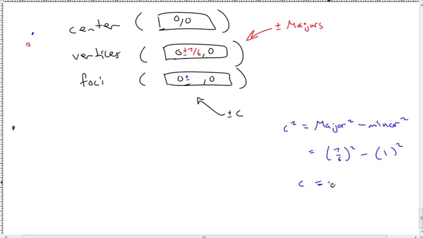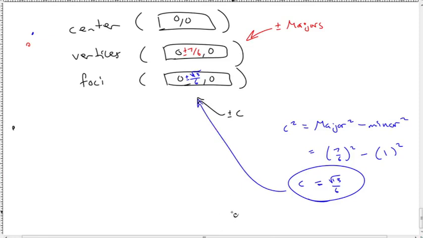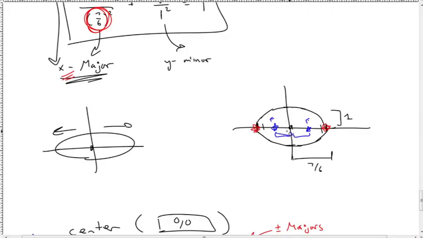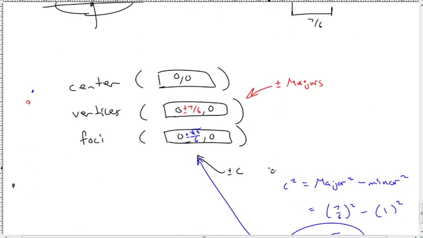My C is equal to the square root of 13 over 6. Again, I'm skipping steps here, but I mean, well, it's calculus too. So how many times can I make that excuse? So I put that in, plus or minus square root 13 over 6. I don't know what that number is, but it's some kind of number, and that's that distance here and here, plus or minus.